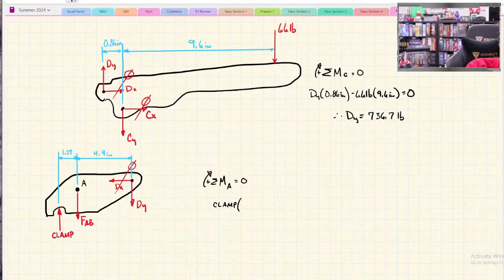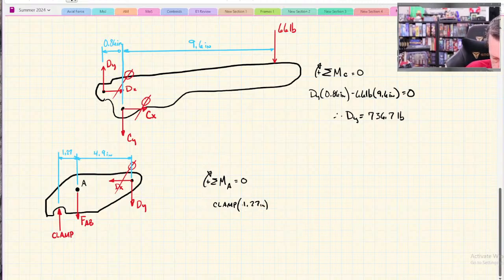Okay, so the clamp times 1.27 inches minus, oh wait, no, that's actually plus DY times 4.9 inches.